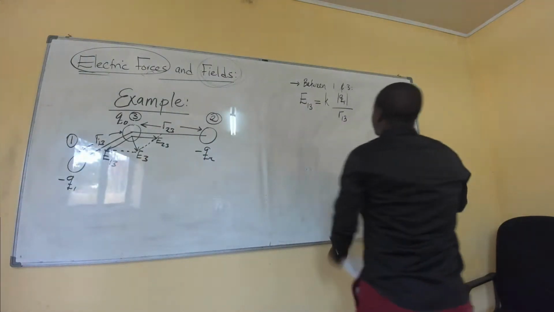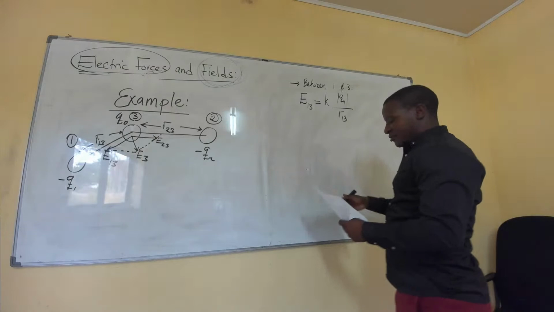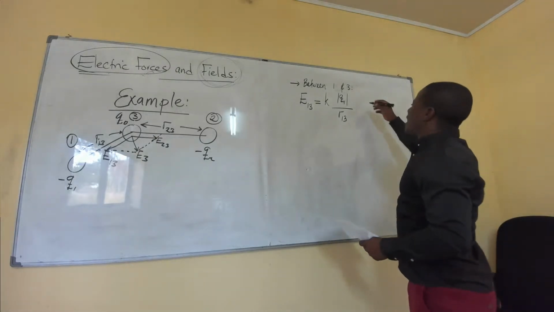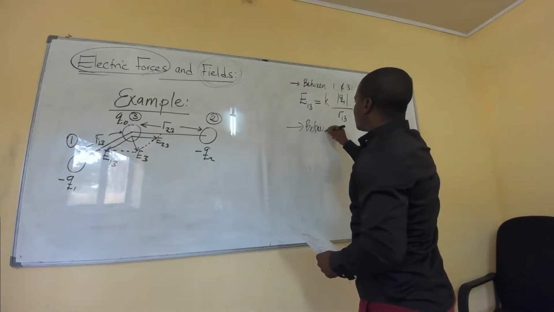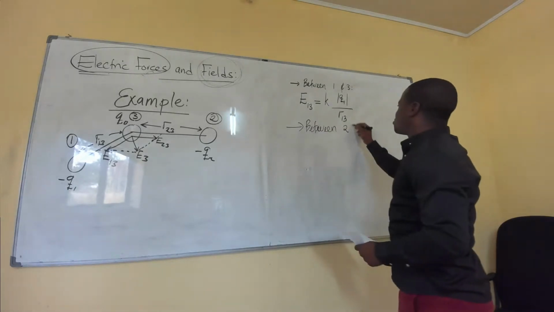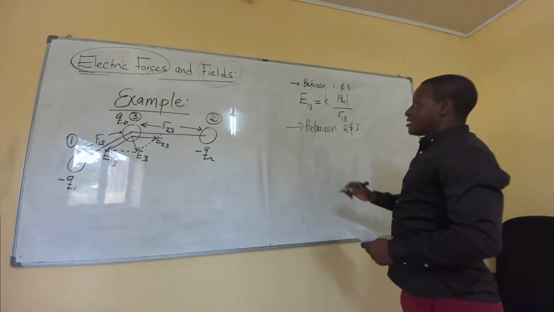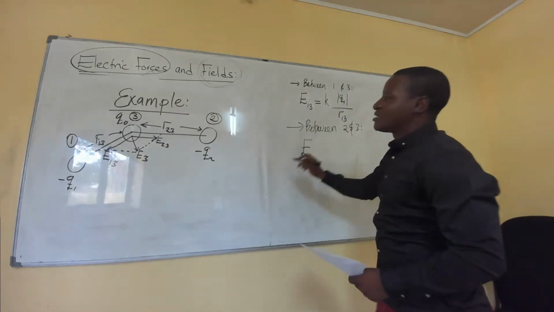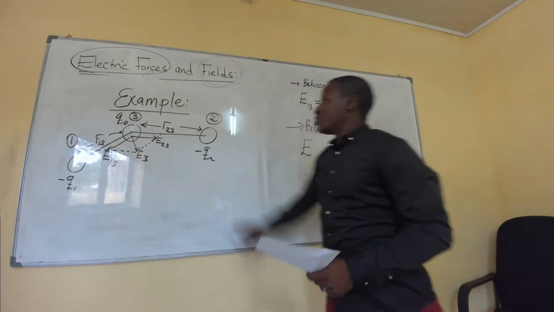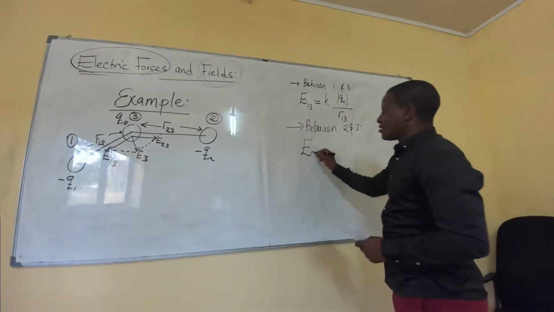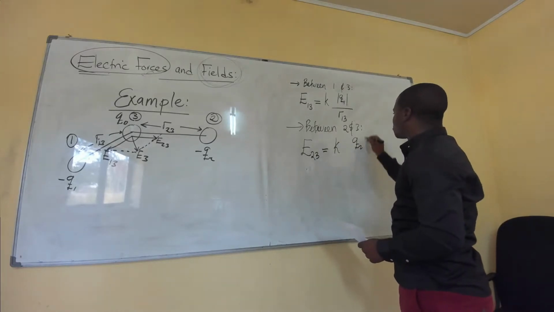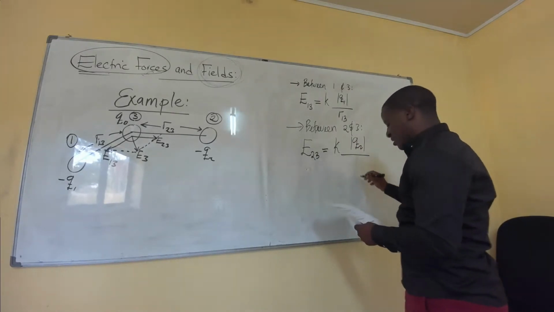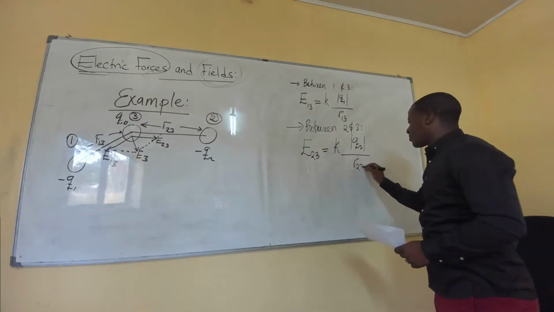All right, so now here we also have what is between 2 and 3. Here we have E23, which must be equal to K, then Q2 magnitude over R23.